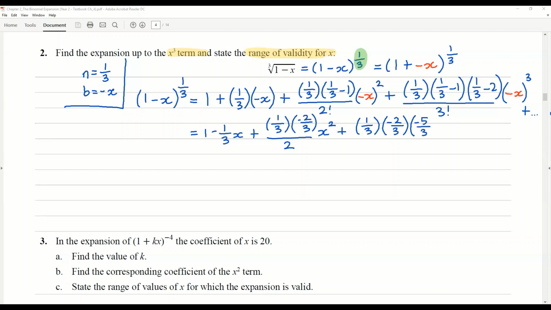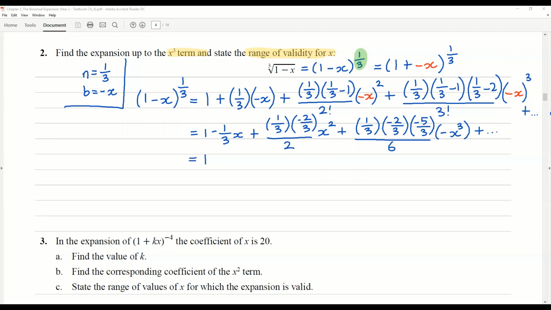If you're not confident with this, please just use your calculator. Don't try and be a hero. If you're not confident, you can always double check, can't you? And then negative x cubed, well, the negative cubed is of course going to be negative again, so it's going to be negative x cubed like that. All right, I hope that's okay. So that may make the term negative. We'll find out in a minute.